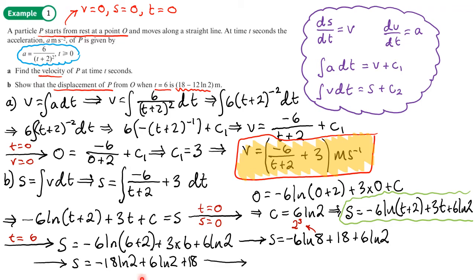Then that will give me the form required, because now I can put these together because they're both log 2. So I'll end up with s equals 18 minus 12 log 2 as required.